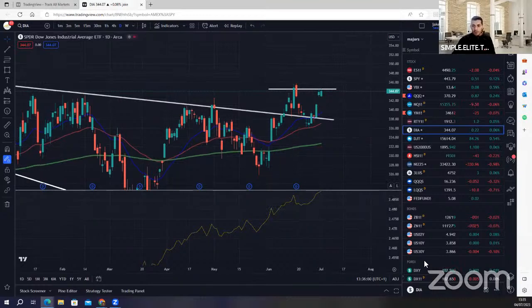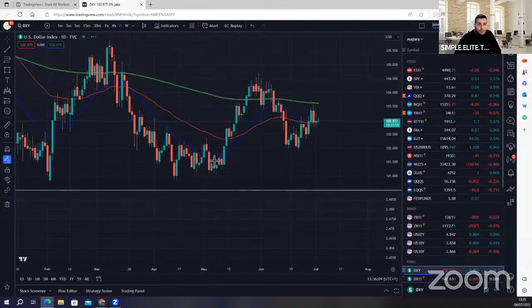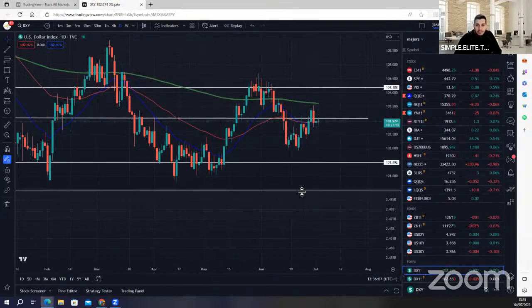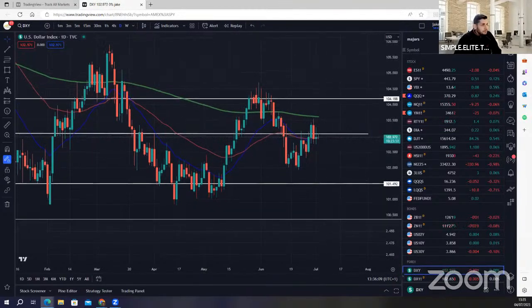Moving on to the dollar index, I said I want to be on the short side as well because I can see some bearish price action from yesterday. This high test bar, you clearly see we are still on a downtrend. If price stays below 103, I'm happy to be on the short side.